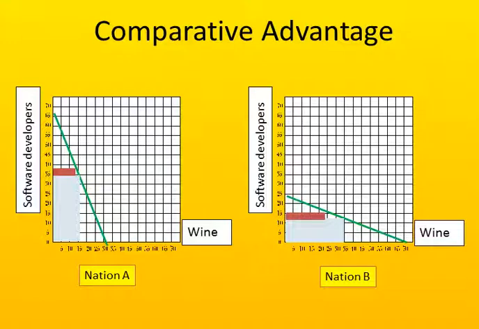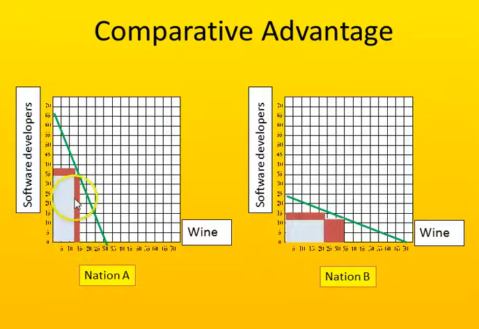Now, once I do this, I can look and identify the opportunity cost for increasing software for each country. And notice what I do here is this is simply the difference between the point of production now and the point of production that we were, and then I fill in that bar right here.